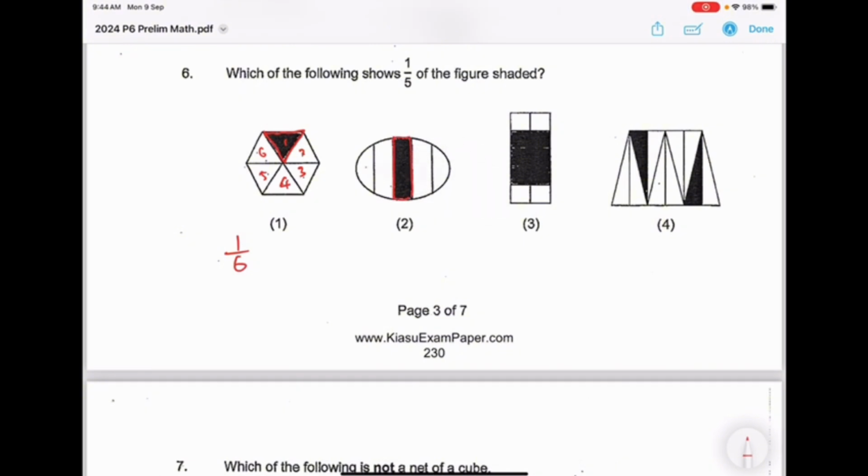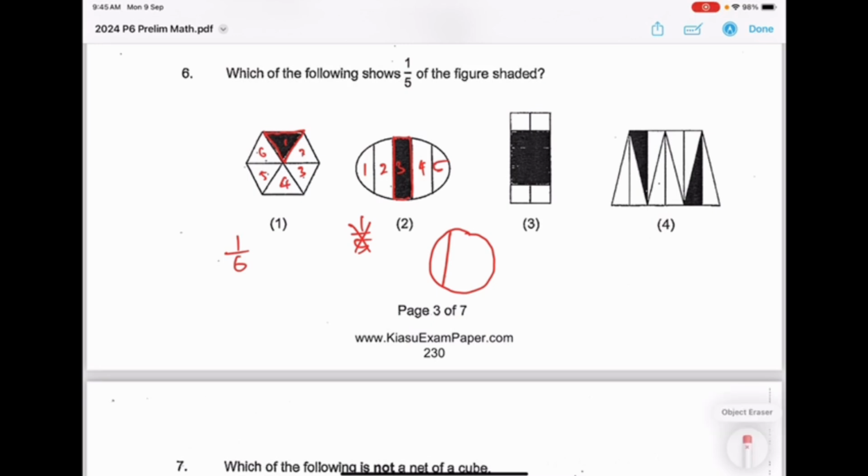And we have 1, 2, 3, 4, 5. Now, it is very tempting for us to just say, oh, this is 1 over 5. But I want to tell you that this is wrong. Why? Okay, I'm just going to use a pizza analogy to explain to you. If I were to have a pizza and I were to cut it down like that and say that these are 2 slices, and then we are going to have 1 each, do you think this would be fair?